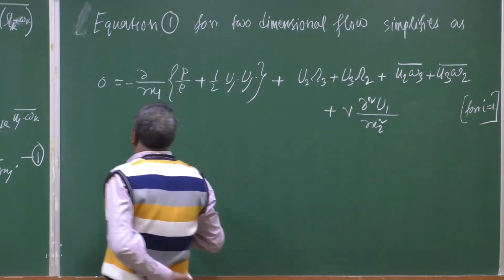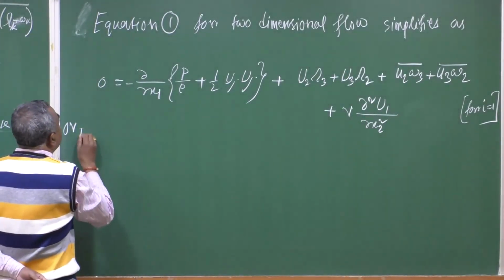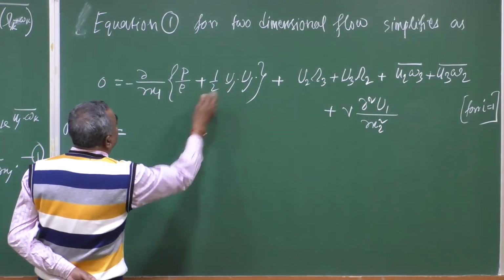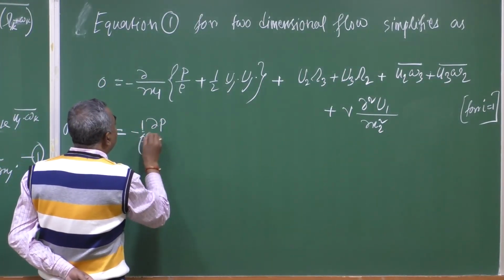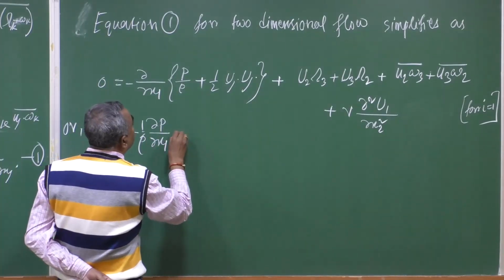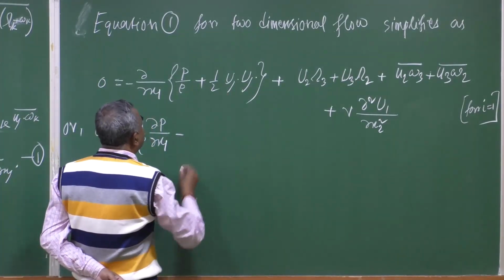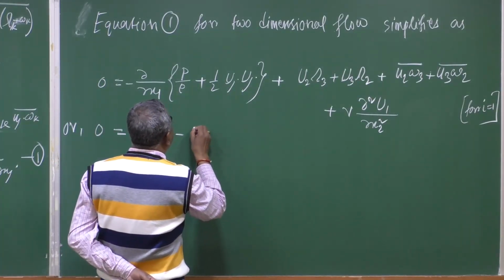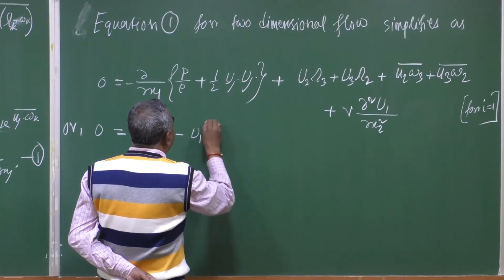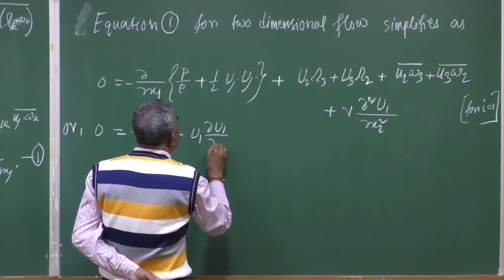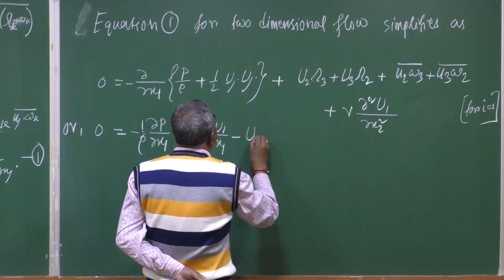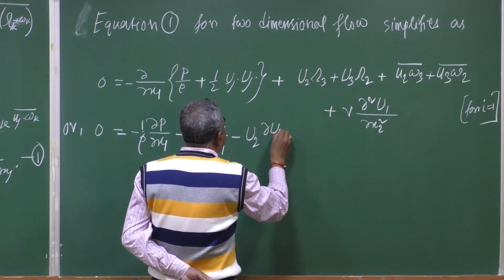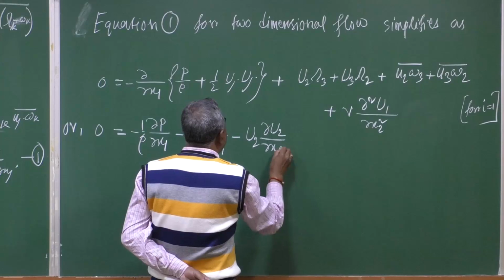Okay. So, or 0 is equal to, see we can write this as del p 1 by rho del x 1 minus these two terms can be written as u 1 del u 1 del x 1, this is u 2 del u 2 del x 2.